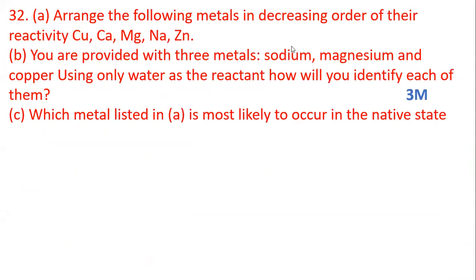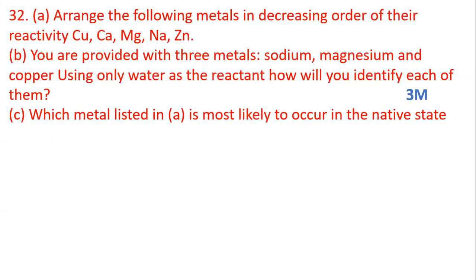Question 32A: arrange the following metals in decreasing order of their reactivity: copper, calcium, magnesium, sodium and zinc. Here you see whether first group and second group elements are there or not. Why do we have to check in that manner? First group and second group elements are very, very reactive.